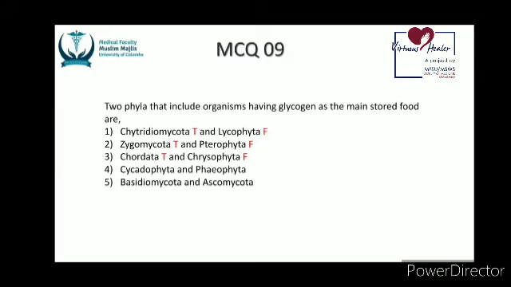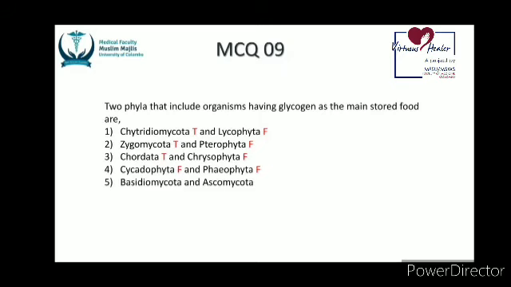Statement 4, Cycadophyta and Phaeophyta. Cycadophyta are cycads. Now the cycads are seed-bearing plants and are gymnosperms. So they are also going to store food in the form of starch. So Cycadophyta is false. Phaeophyta are a group of algae, and phaeophytes are going to store food in the form of laminarin, which is a polysaccharide.